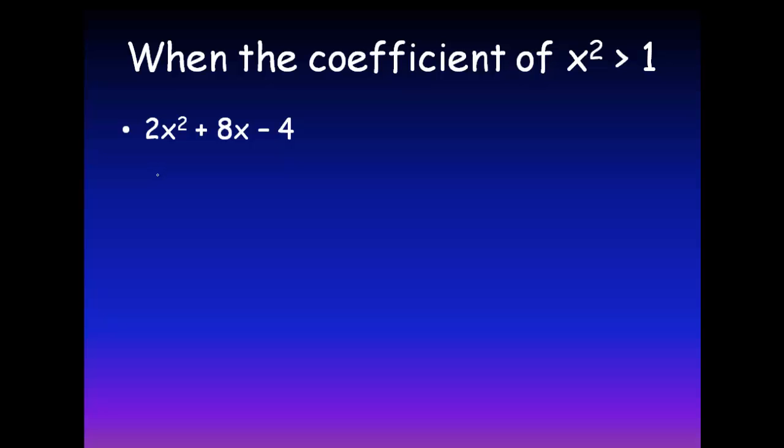Right, so with the last example, we had a single x squared. You can see here we've got 2x squared, so we have to do a little trick here. We're going to take that 2 out, and then in a big bracket, we're going to take it out of every term, so you can see here now that we've taken the 2 out.